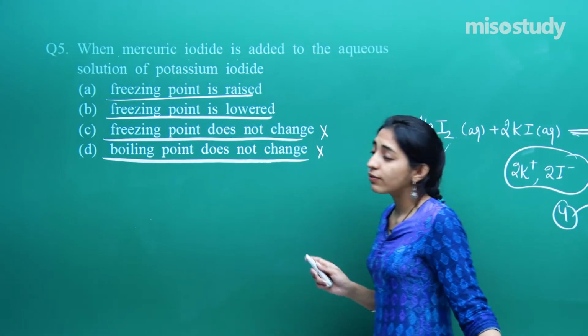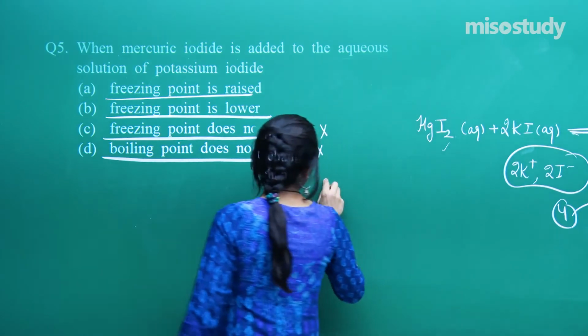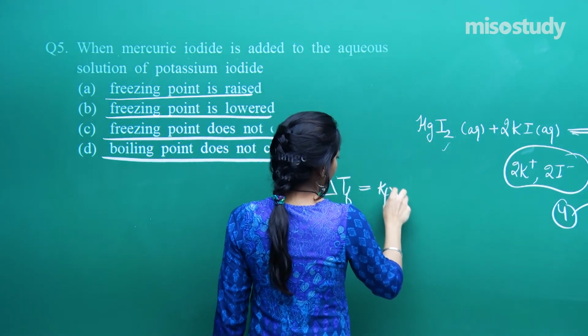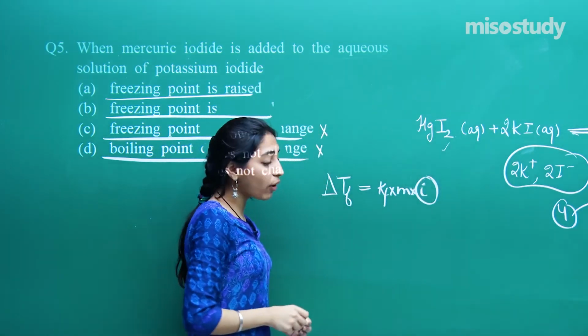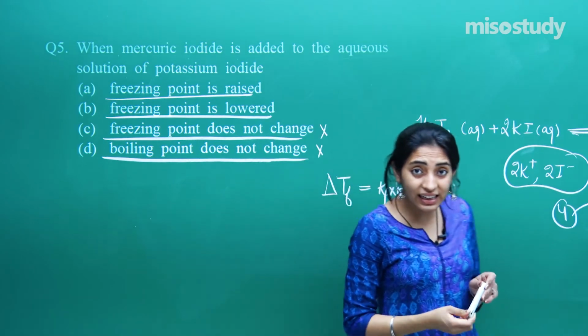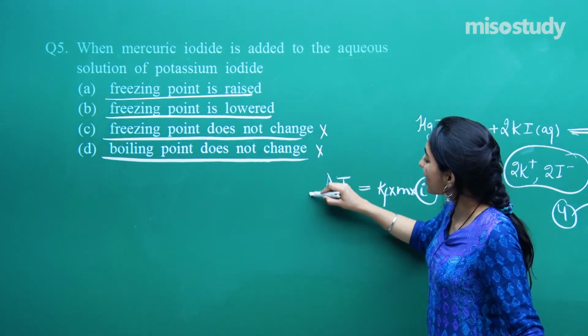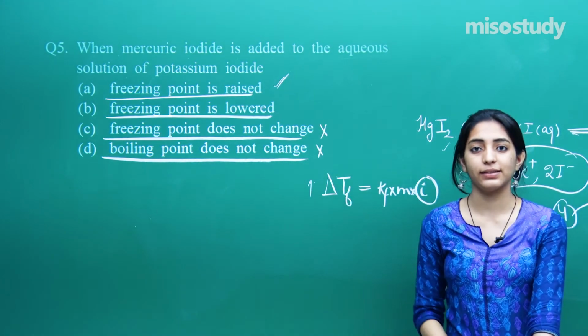We already know that delta Tf is equal to Kf into molality into i. Since the number of ions in the solution is decreasing, I will simply say that the freezing point will be raised.